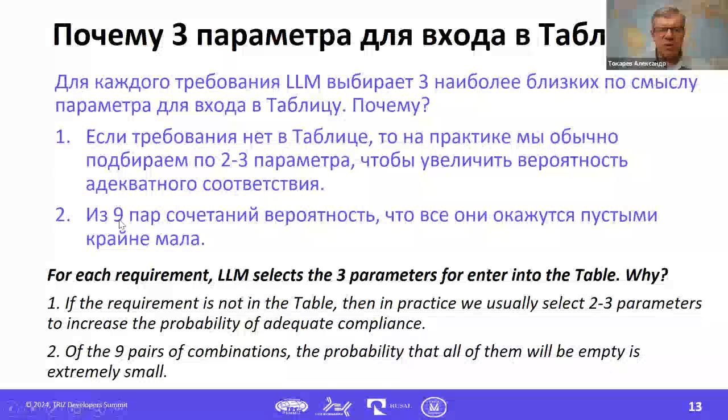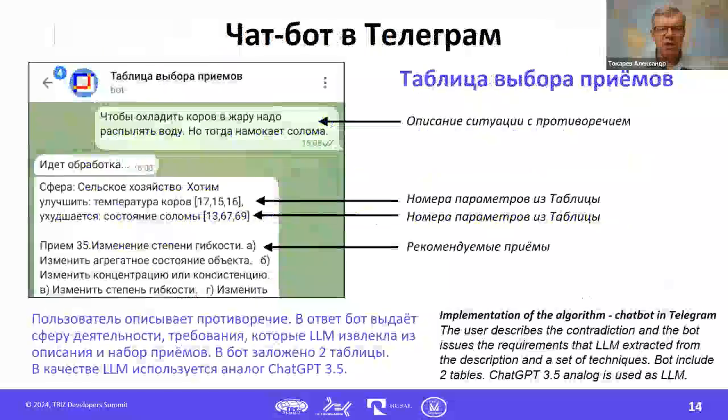And so, out of 9 pairs of combinations, there is a probability to fill out the empty cell. If we choose 3 parameters that improve and 3 that worsen, we are guaranteed to get at least some principles as an outcome.